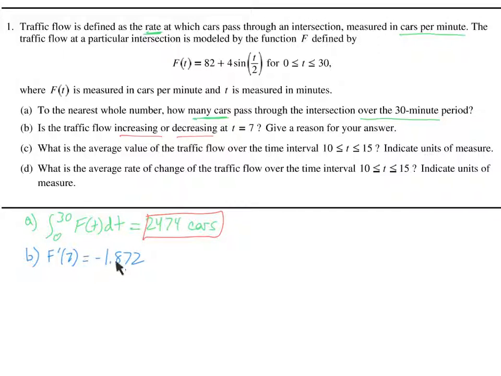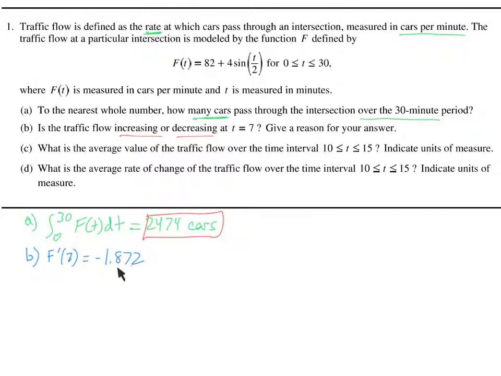Well, at 7, that negative means the rate is negative. So what does that mean about increasing or decreasing? It means it's decreasing, because decreasing means the derivative is negative. And isn't the derivative negative? So you'd have to write out further, I'm not going to write it out, but you'd have to write out the reasons.